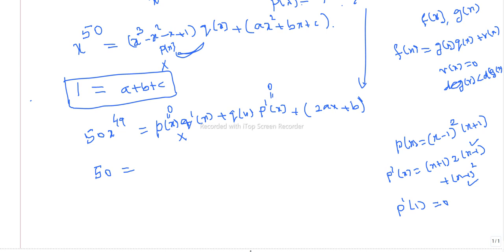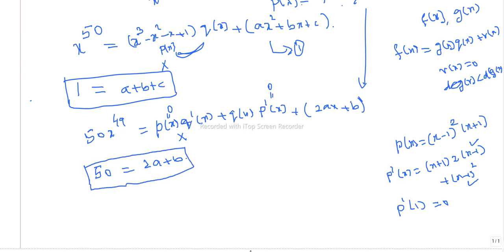Here if you substitute x equal to 1, we have 2a plus b. Call this equation 2, so we get another equation like this.